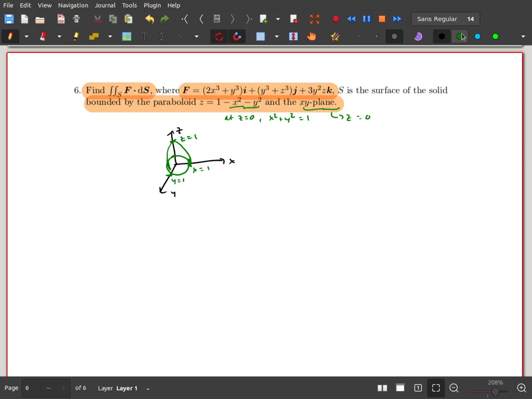All right, so based on this, we want to find a double integral of f dot dS. Based on what we have drawn, this is not going to be simple to do given what f is.